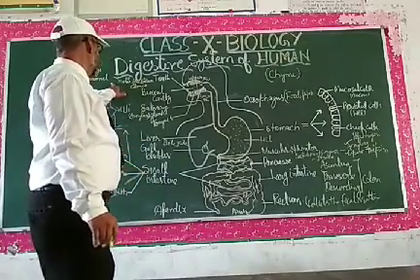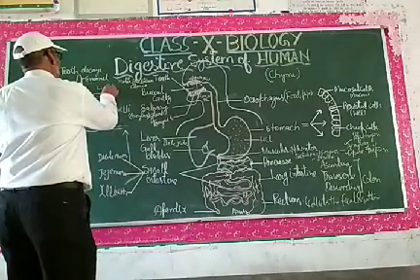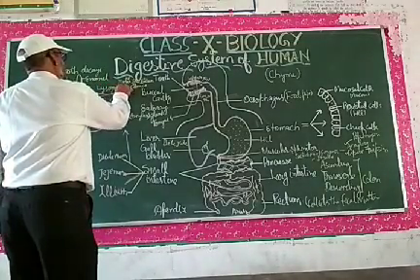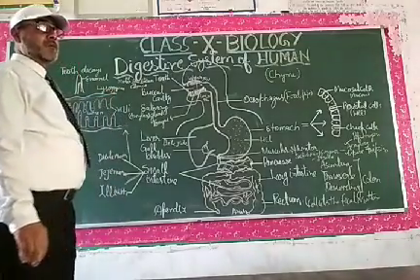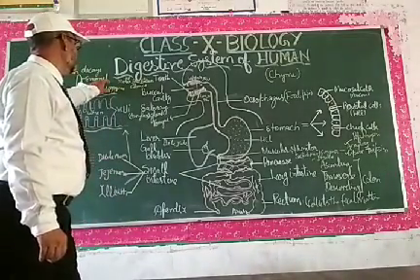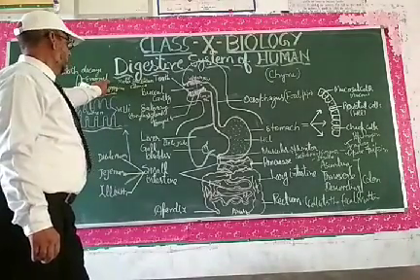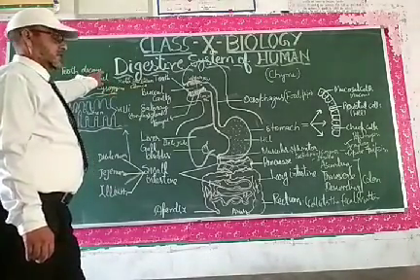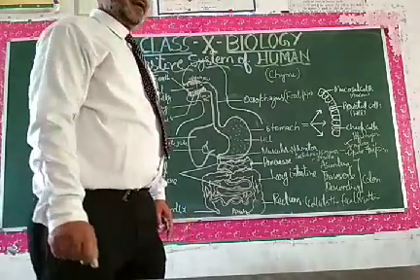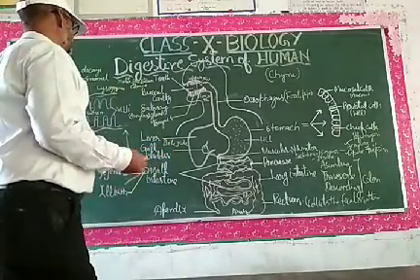To prevent this, the lysozyme secreted by the salivary gland maintains the normal pH of the mouth cavity, so that tooth decay by the acids can be prevented. So lysozyme is very important as far as tooth decay is concerned. This is very important as far as the exam is concerned. Questions are there from this mouth cavity.